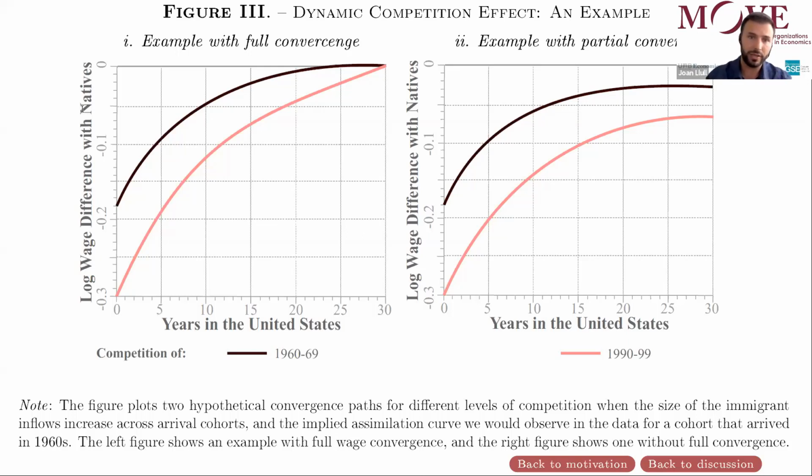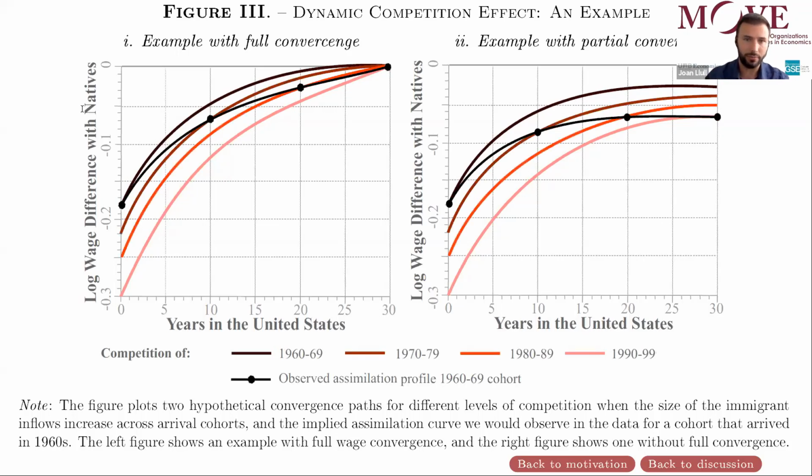But then there's going to be another type of effect that we're going to call the dynamic competition effect, which is summarized here. So now we see that every cohort, every year, the sizes of the immigrant cohorts keep increasing, okay? So this means that this same immigrant is jumping from one line to the next in this color gradient that you see in the figure, okay?